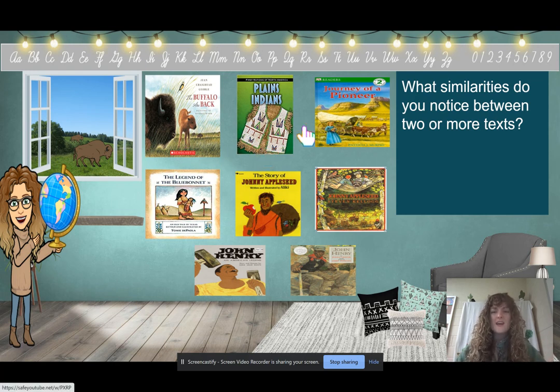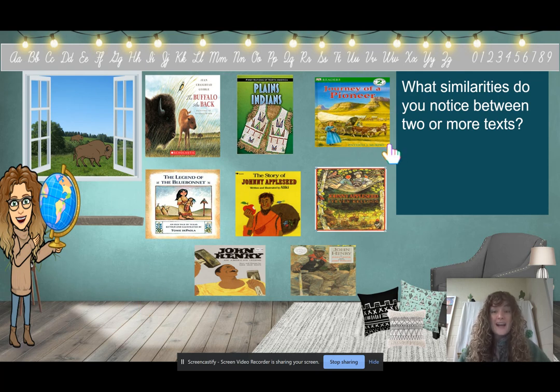I want you to think, what is something that is similar between Journey of a Pioneer and The Legend of the Blue Bonnet? Tell me in the puzzle. Something that is similar between Journey of a Pioneer and The Legend of the Blue Bonnet is that in both books, the main character was a young girl.